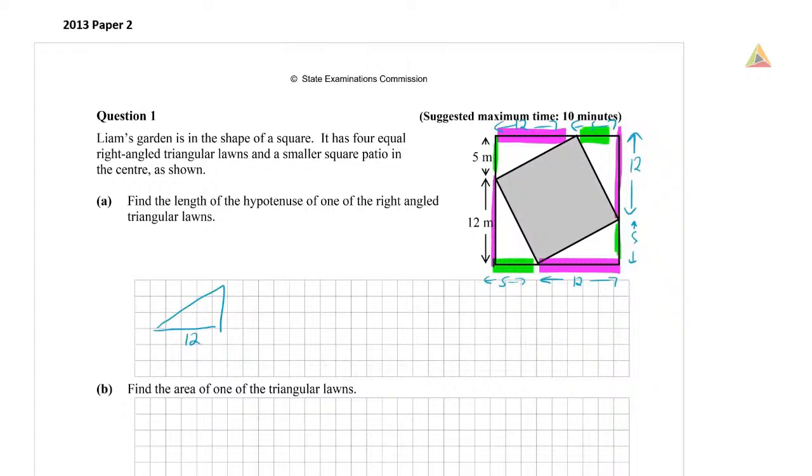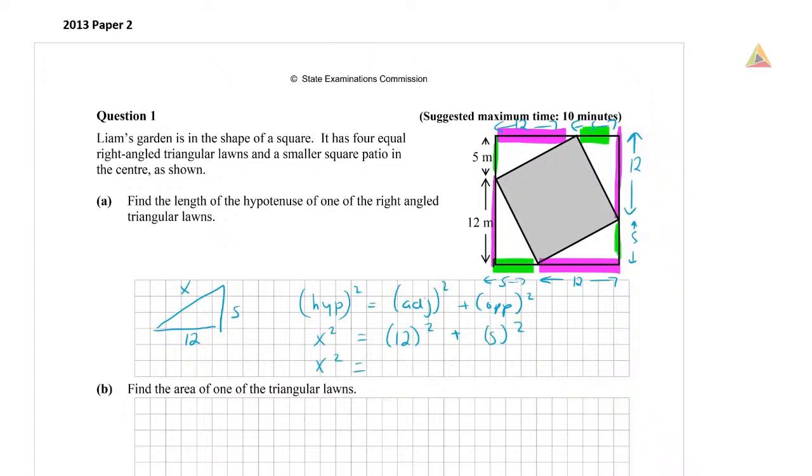So this is 12, this is 5, and we'll say that this is x. This is the hypotenuse. So we know Pythagoras' theorem states that the length of the hypotenuse squared is equal to the sum of the adjacent squared plus the opposite squared. So in this case, the hypotenuse squared we've said is x squared, is equal to the adjacent squared, we'll say is 12, plus the opposite squared, which is 5.